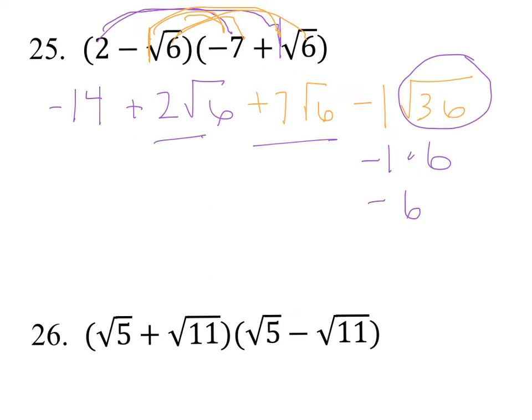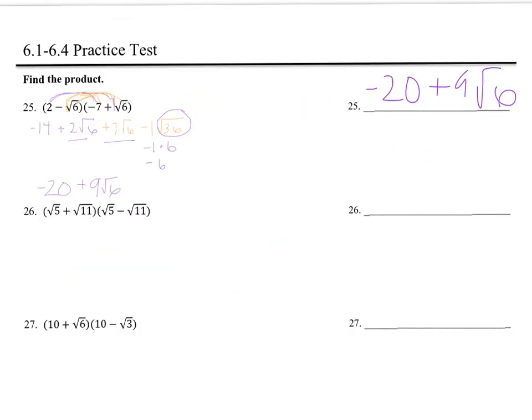So 2 plus 7 would give me 9 square roots of 6. And then, because this becomes just a whole number, it can combine with the negative 14 from the beginning. So negative 14 minus 6 would give me a negative 20. So this was a positive 9 square root 6 and a negative 20. Negative 20 plus 9 square root 6.